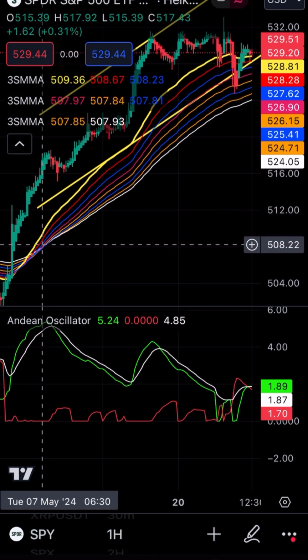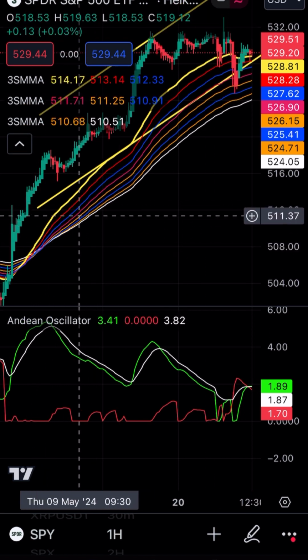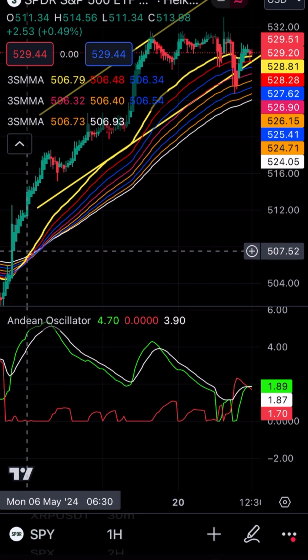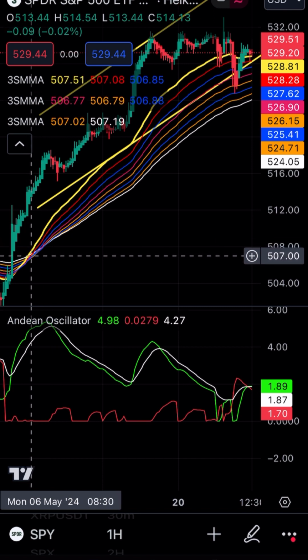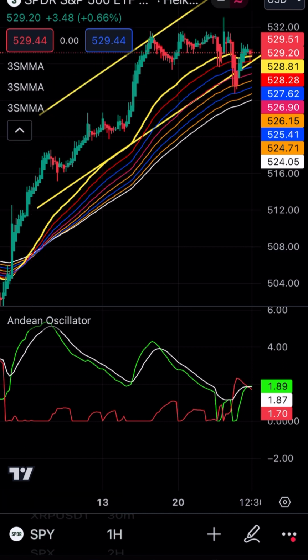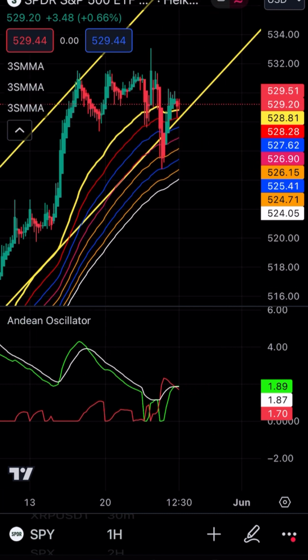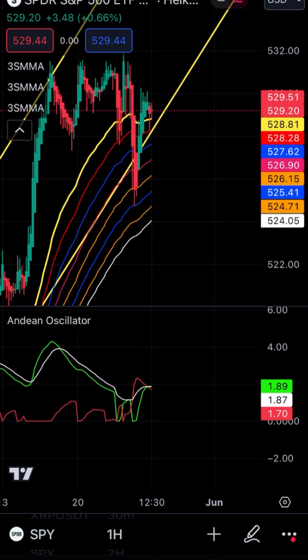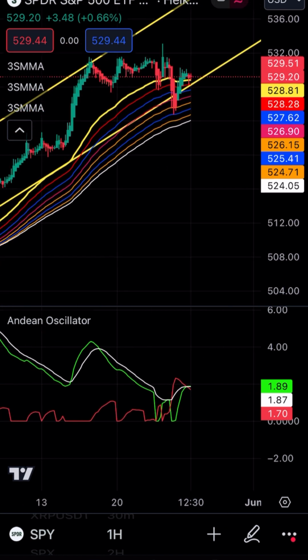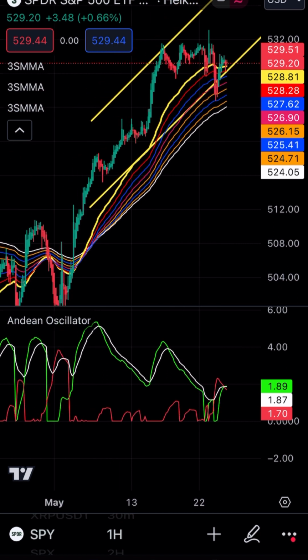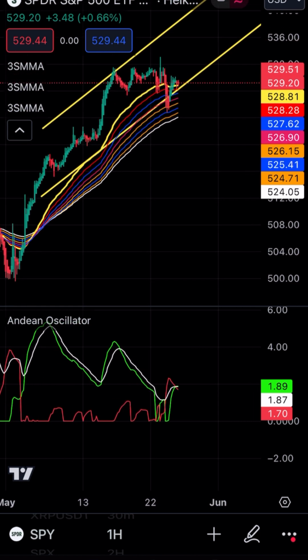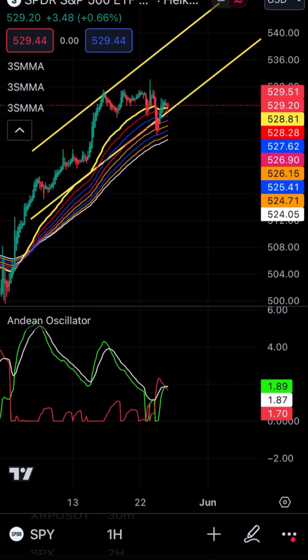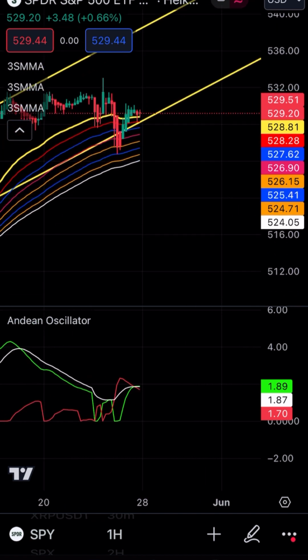We can tell that the S&P 500, looking at it on the hour, has been bullish since May 6th, at least on the hour. So at the end here, it is still bullish even though it has been going down. We just have to keep in mind that whatever trades we do are focused on going with the trend. When that happens, we want to look at our Andean Oscillator here.